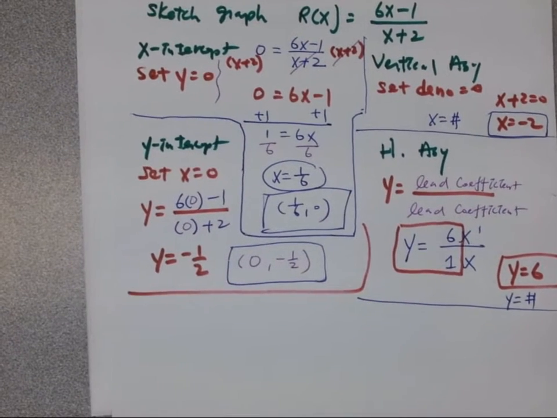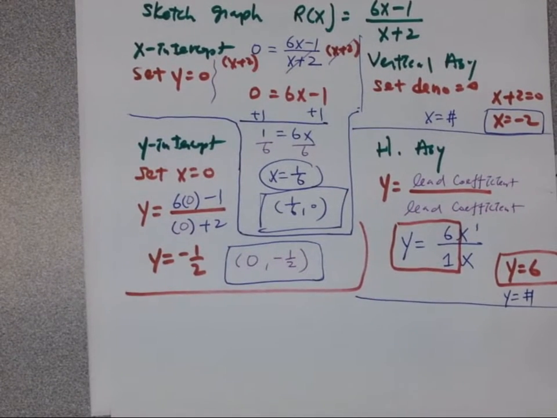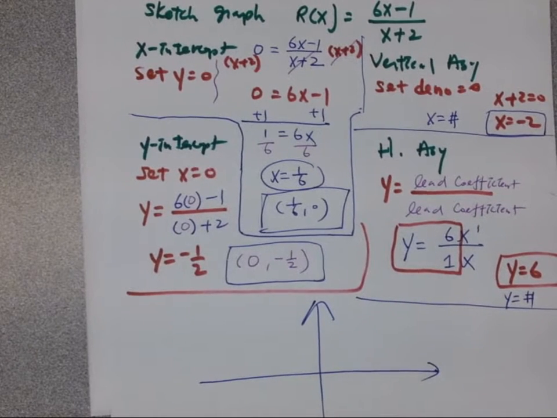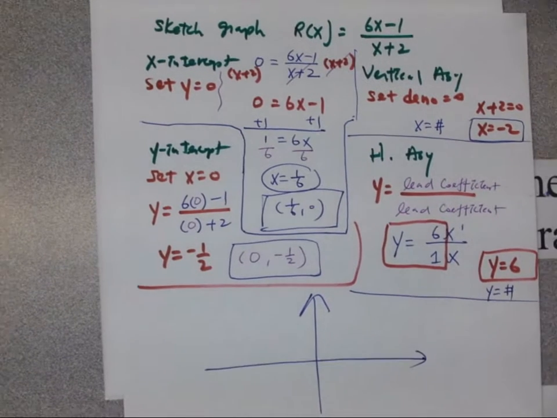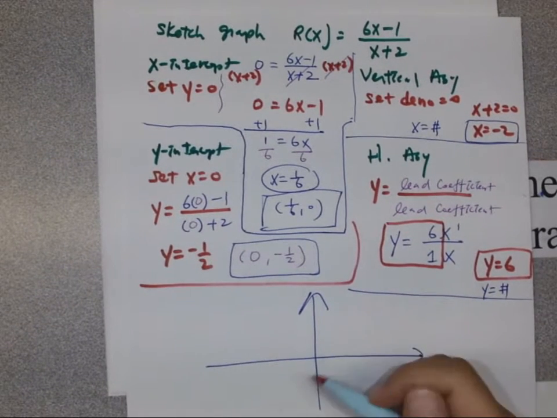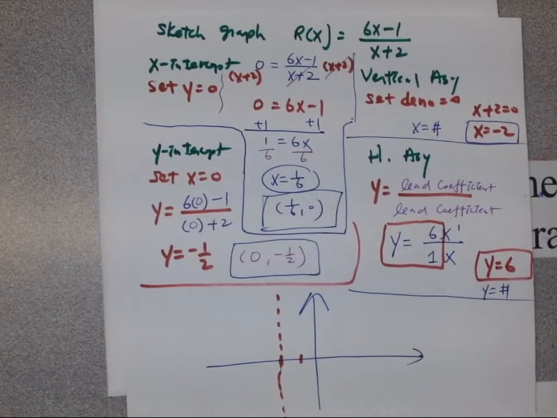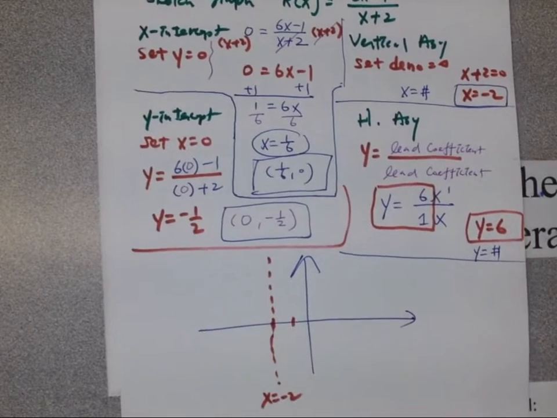Okay, so I have to do it here in order to be able to record it. So what can I put on the graph? The intercept and the asymptote. So I have one vertical asymptote, which is x equal to -2, right? Which means how many pieces of graph I'm going to have?